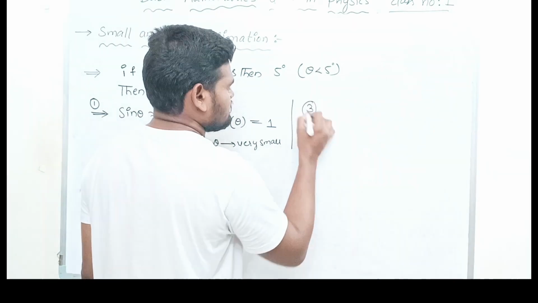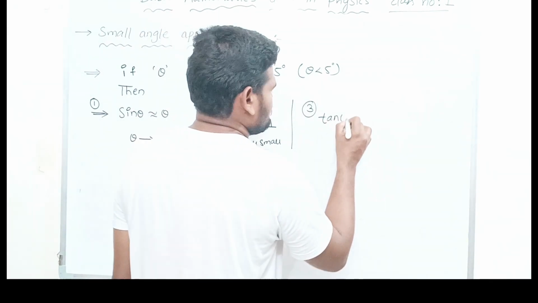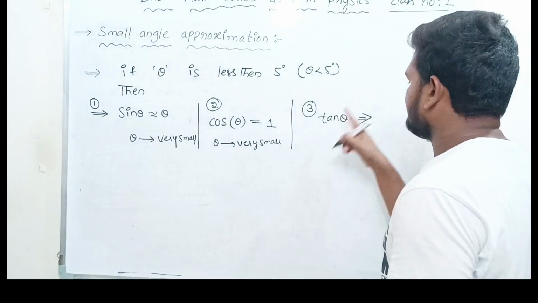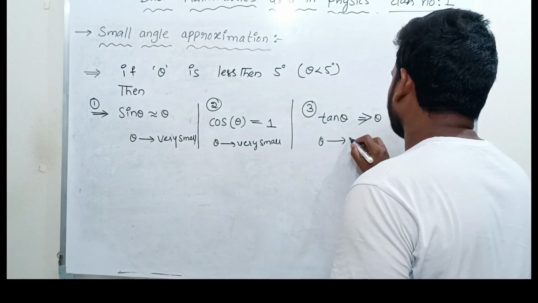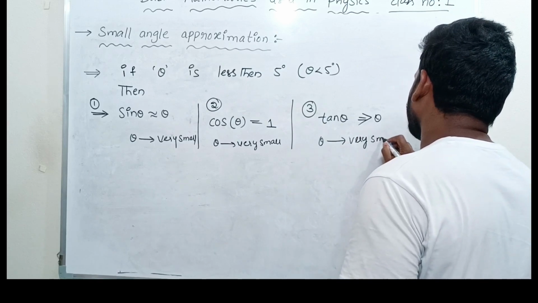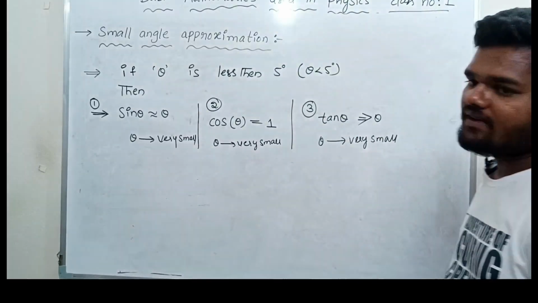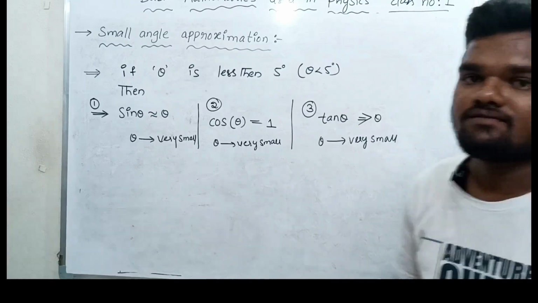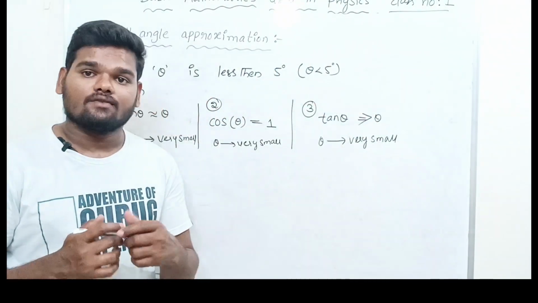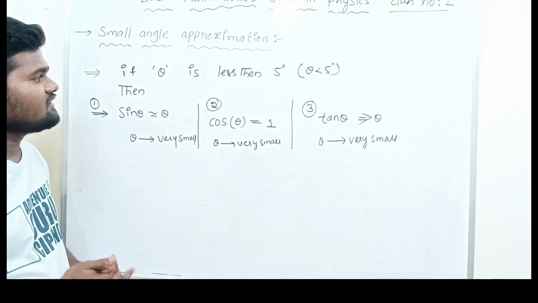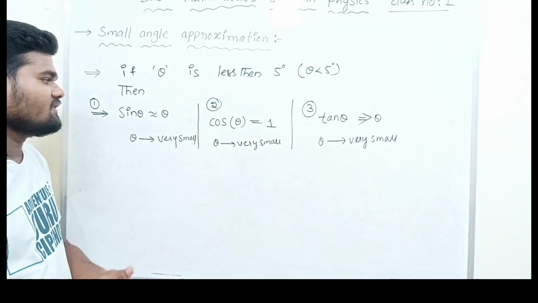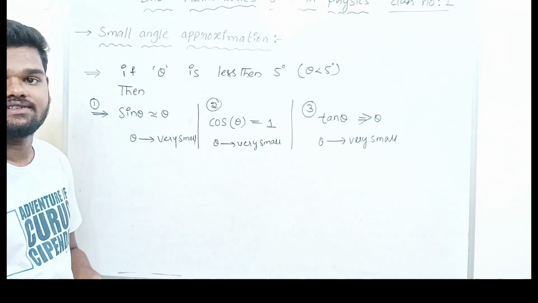Third one, tan theta. If theta is very small, then tan theta becomes theta. Very small means less than 5 degrees. Is it clear? Okay. So pause the video, write the notes or take the screenshot, your wish.